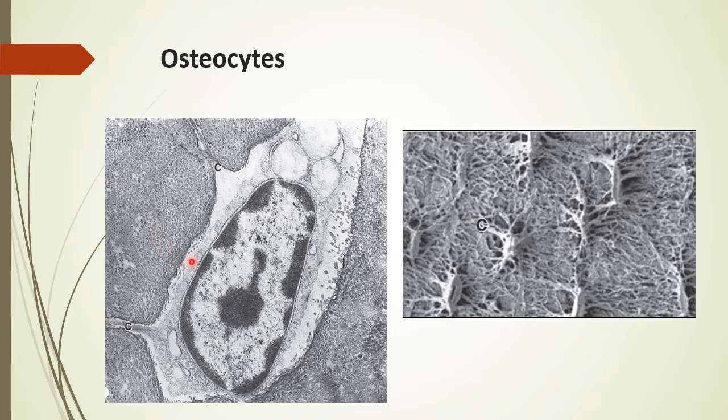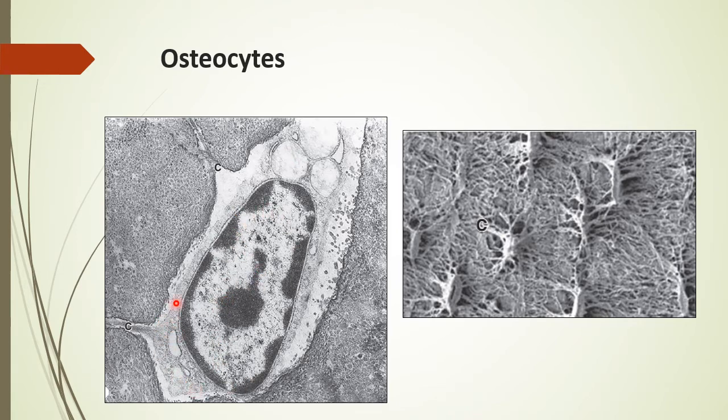Let's see in this image how the osteocytes look. Both pictures are taken by electron microscope, of different types. On the left side is transmission electron microscopy, TEM, and the right side is scanning electron microscopy. On the left, this is the osteocyte and this is the nucleus of the osteocyte.